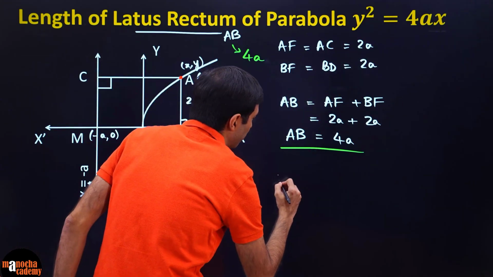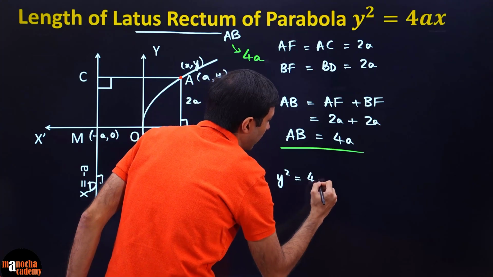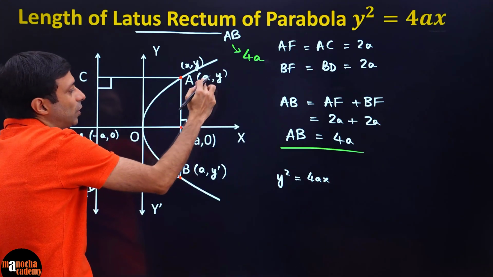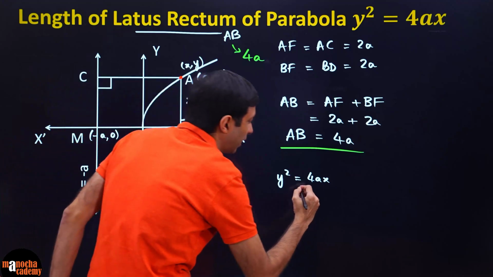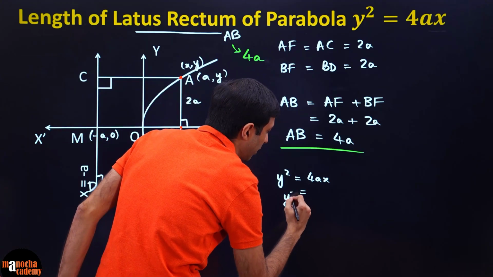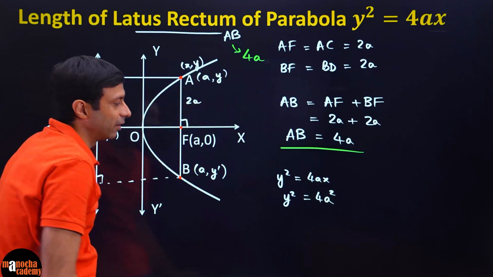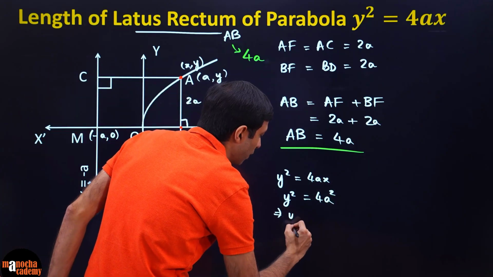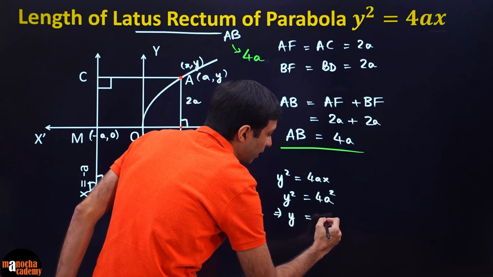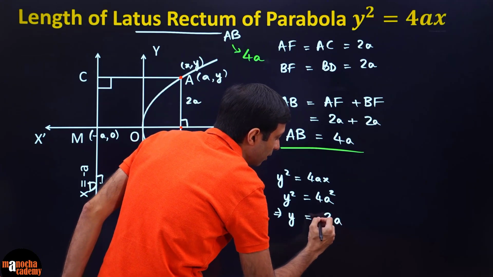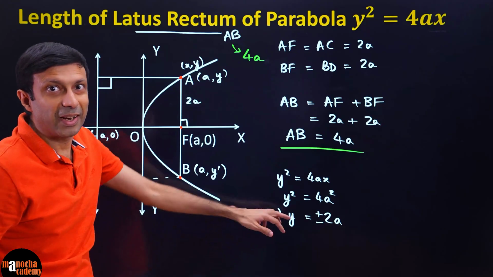So if you start off with y square equal to 4ax, the x value is a, so substitute a over there. So y square equal to 4a times a, 4a square. So what will y be? y is going to be the square root of 4a square, which is nothing but 2a, plus or minus. Why are we getting two values?